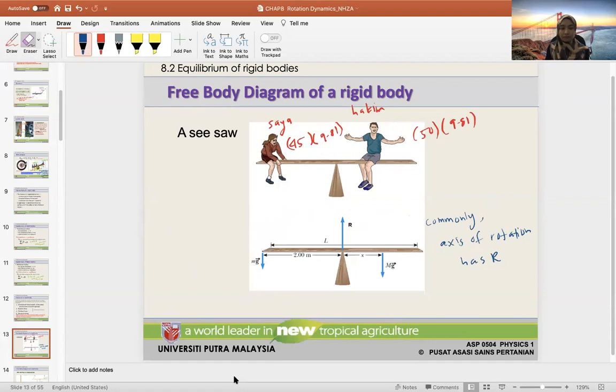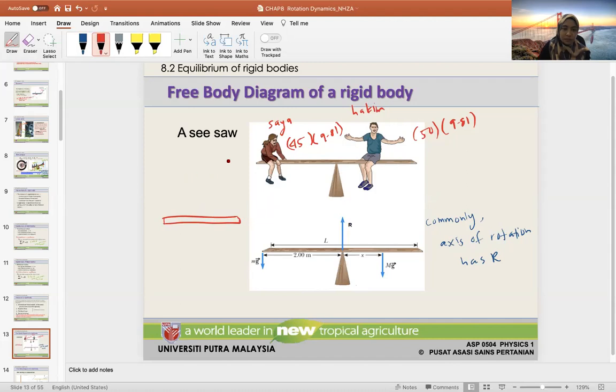Dr. Nat, let's say we have a beam and then it's suspended by a string at the axis of rotation. It doesn't have R, right? Then... kejap, saya lukis. So you have a beam. Is it horizontal?